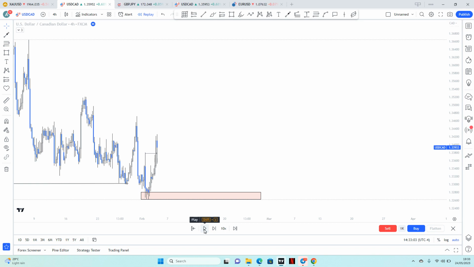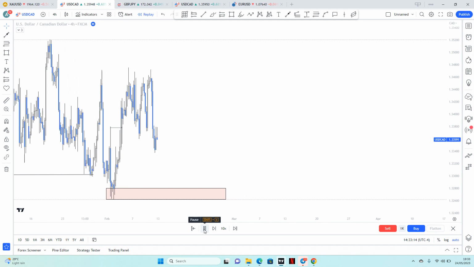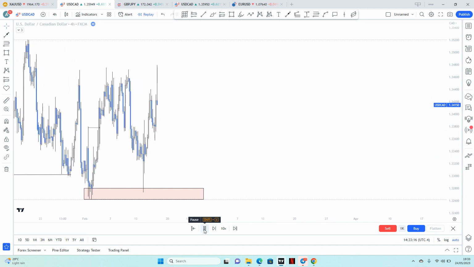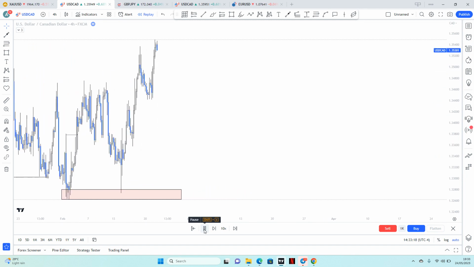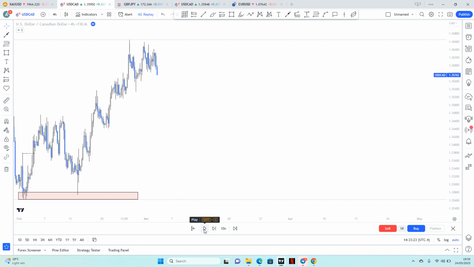It just follows that pattern, that particular scenario: liquidity, structure, liquidity grab, and then shift. And then what happens next? You wait for order blocks, and that's it. Price just taps into it, and it keeps going up.